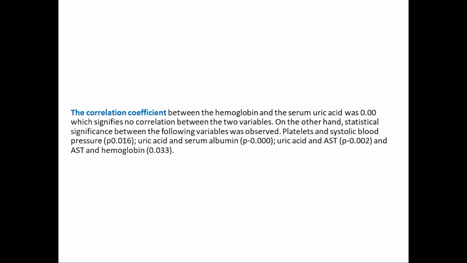The correlation coefficient between the hemoglobin and the serum uric acid was not present, which signifies that there is no correlation between the two variables. On the other hand, statistical significance between the following variables was observed: platelets, systolic blood pressure, uric acid and serum albumin, uric acid and AST and hemoglobin.